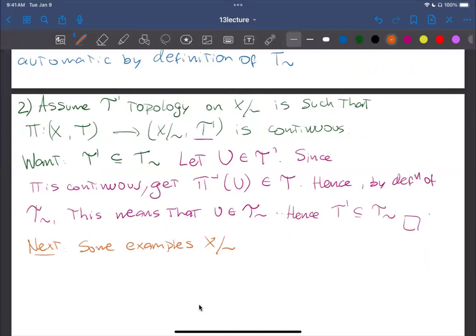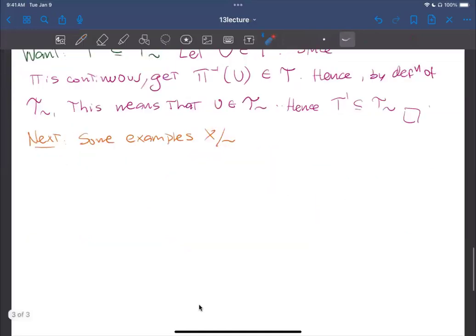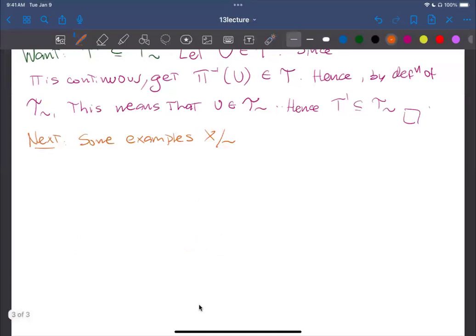Now, if we want to understand these examples, we like to identify them with things that we already know. So what we want are homeomorphisms between quotient spaces and some spaces that we hopefully know. In other words, we want to identify these new things as things that we already understand. The only way for us to do that is with our theorem about functions going out of quotients. So this is the next result.